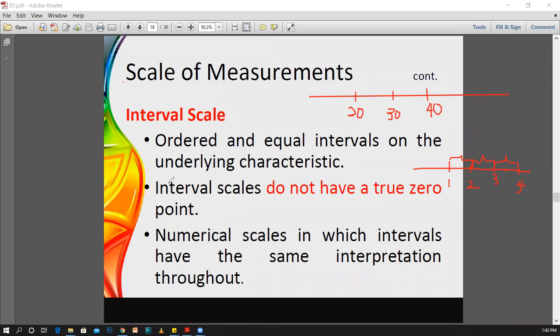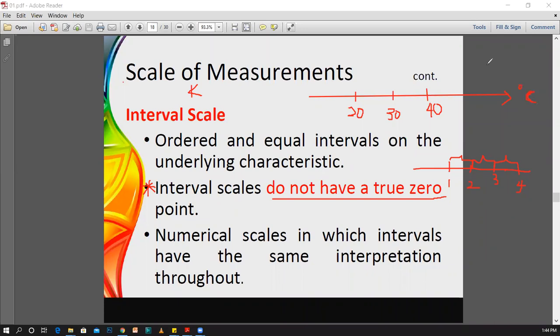But there is a special thing in the interval scale. The special thing is that the interval scale does not have a true zero. As an example, if you think about temperature in Celsius degrees, the Celsius scale does not have a true zero. Only the Kelvin scale has a true zero, not the Celsius.